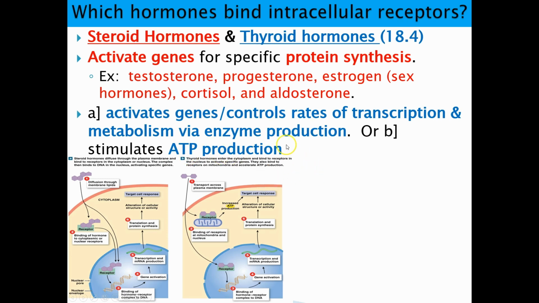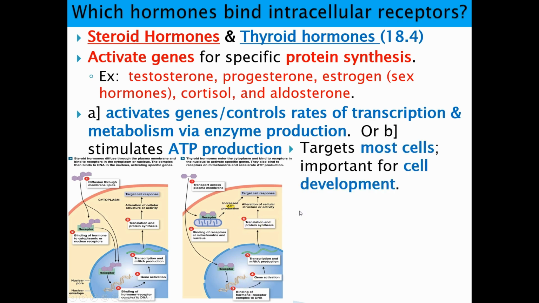All right, so thyroid hormone, understand that it has two functionalities. It binds to intracellular receptors, and in some cases leads to an increase in ATP production, or also leads to, notice, protein synthesis. So get these down. Thyroid hormone, we spent a lot of time on it individually. You really need to know this hormone really well.